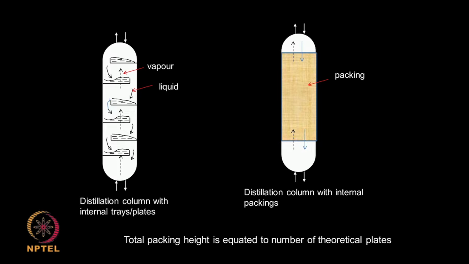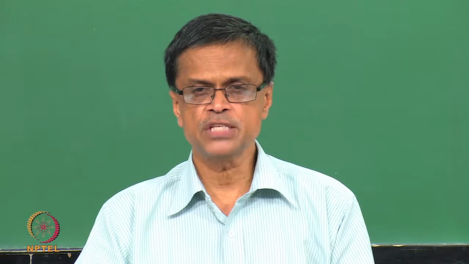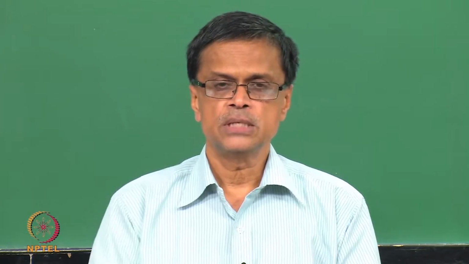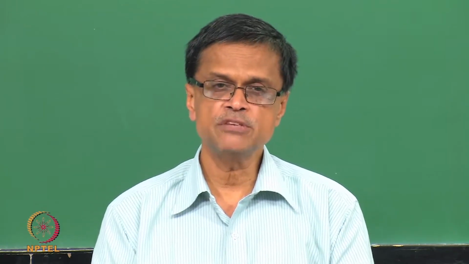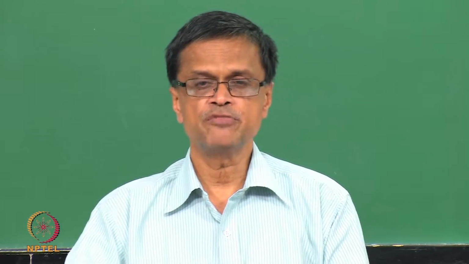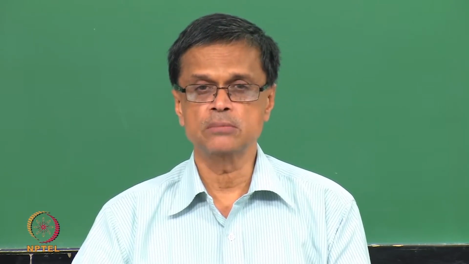The same thing is used in chromatography also, because you have a packing as the stationary phase. So, can I call a certain length of the stationary phase packing equivalent to a certain number of trays? Then it becomes easy to compare different chromatographic columns.